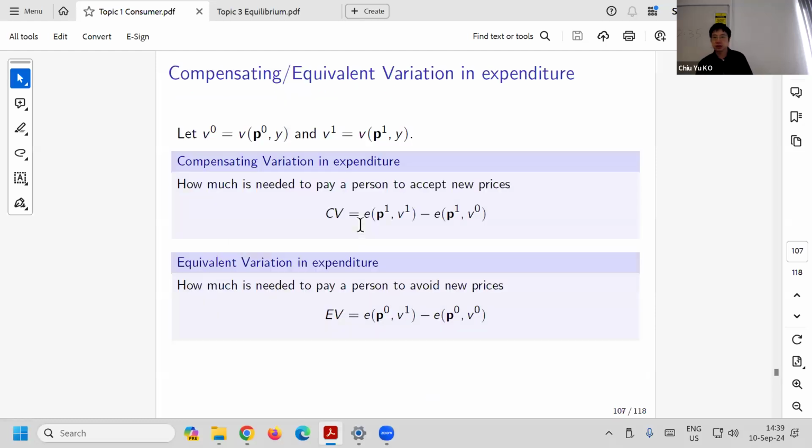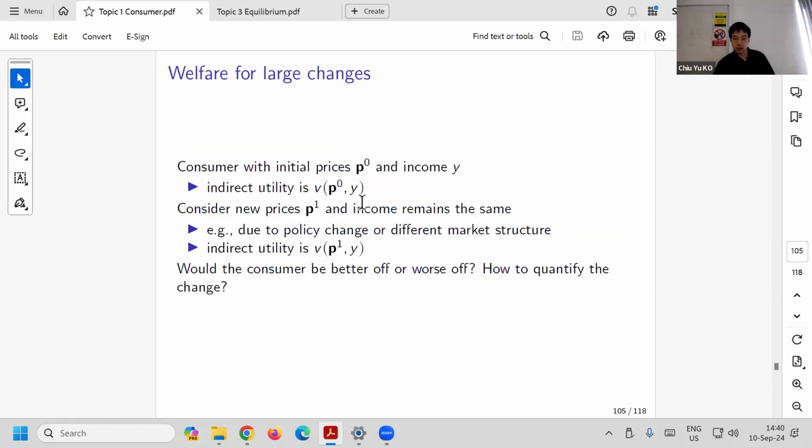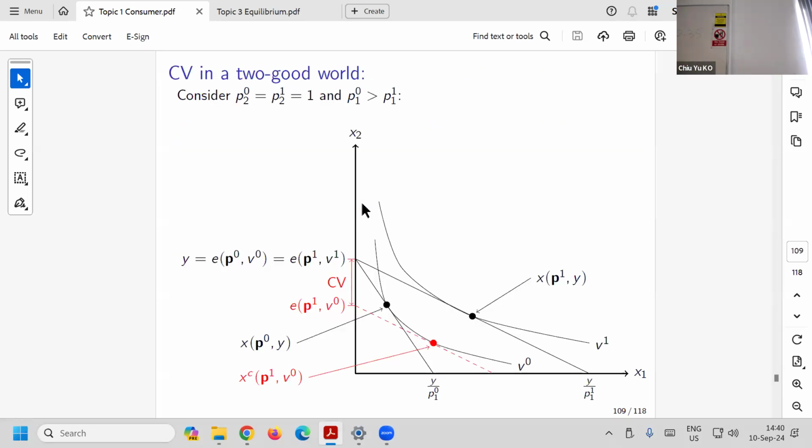CV is a different utility curve under the new price. So under the new price P1, this new price is this low, right? This old utility, this new utility. And the CV is measured on Y because the price is 1, right? The change, if you spend all your money here, spend on Y, will be the expenditure. So CV is measuring this go up. Is that clear?